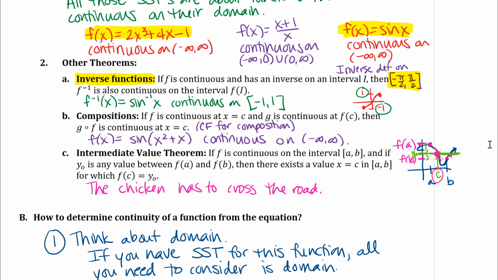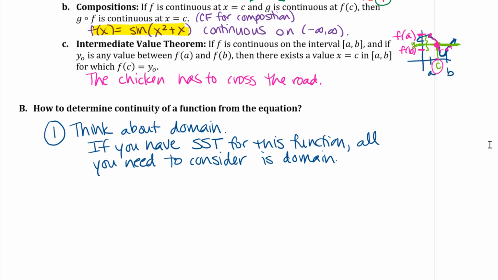The polynomial function, this rational function, the sine function, the inverse sine function, and the sine of the polynomial function are all examples where really all I need to think about is domain. So sometimes that's really all you need to consider.